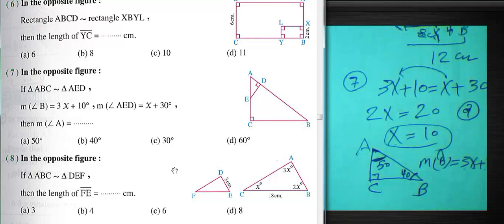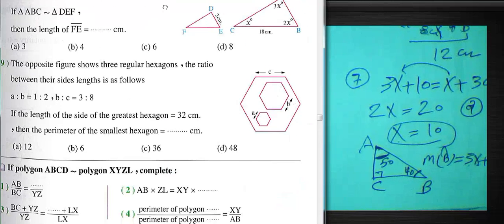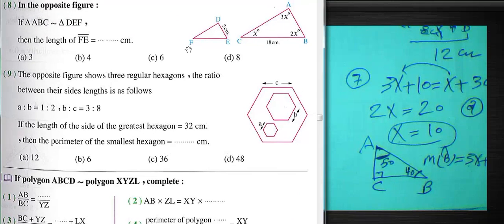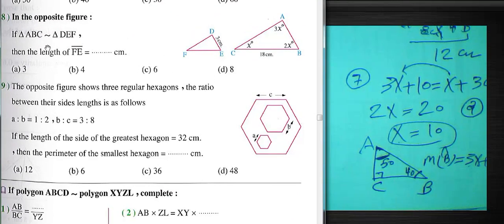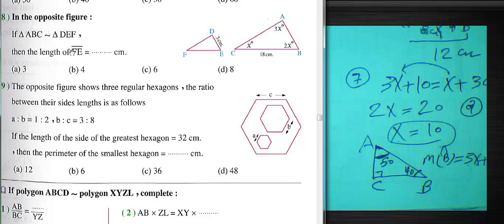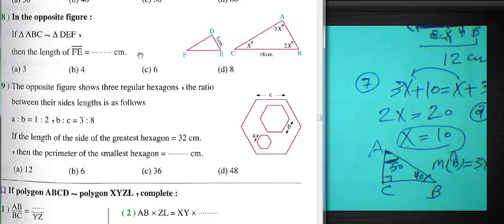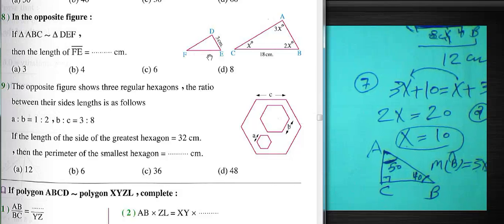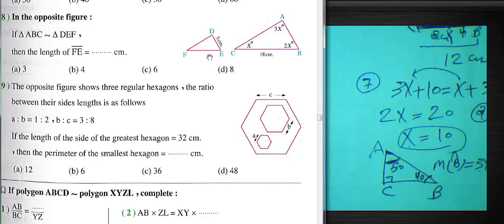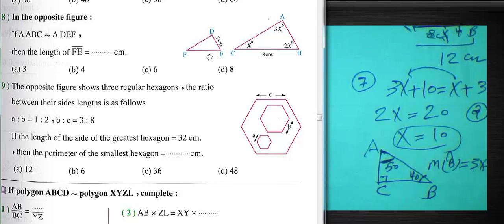Question number 8. In the opposite figure, triangle ABC is similar to triangle DEF, then the length of FE equals blank centimeters. You want to find the length of FE. Who can solve it?